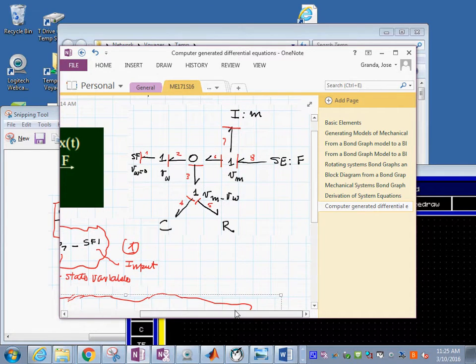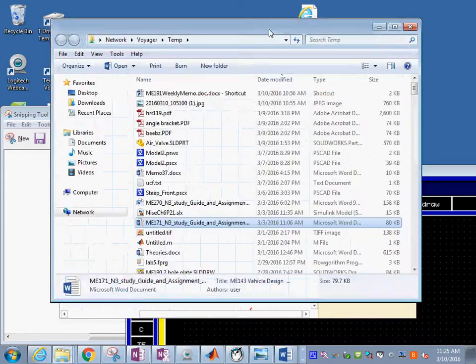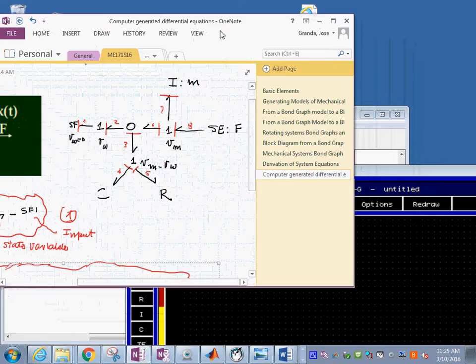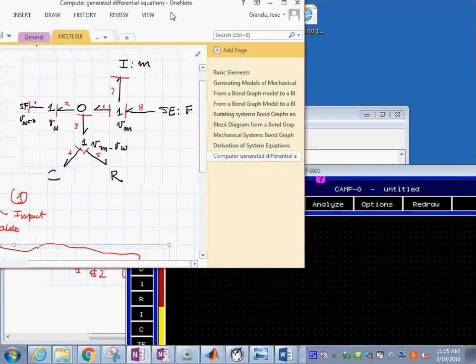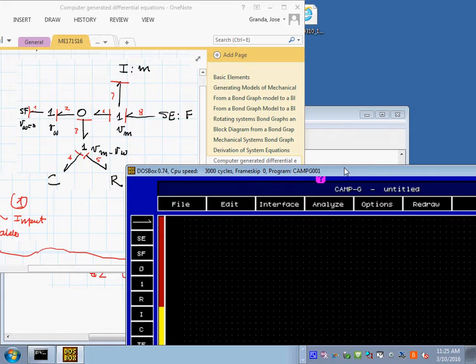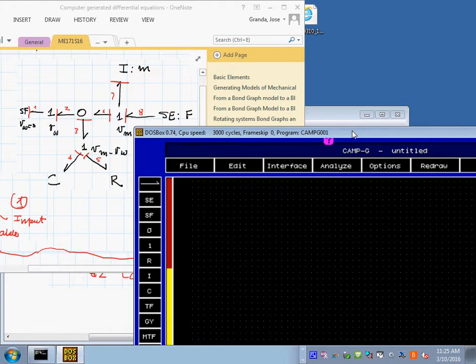So in here, it really doesn't matter which way you start, but we can start by putting the one junction here, and then we put the SF over here, so that you have this, and then we put the 0 over here. I'm just translating what I have on paper now.